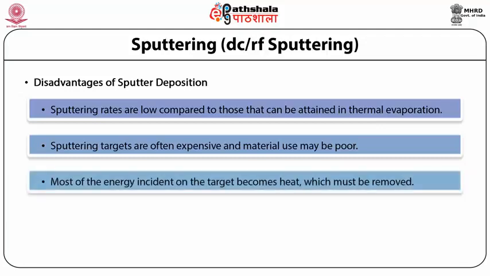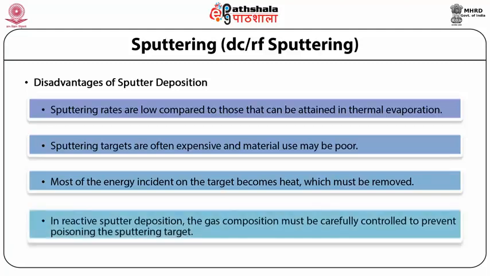Thirdly, most of the energy incident on the target becomes heat, which must be removed. Next disadvantage is that in reactive sputter deposition, the gas composition must be carefully controlled to prevent poisoning of the sputtering target. Let us now discuss DC sputtering.